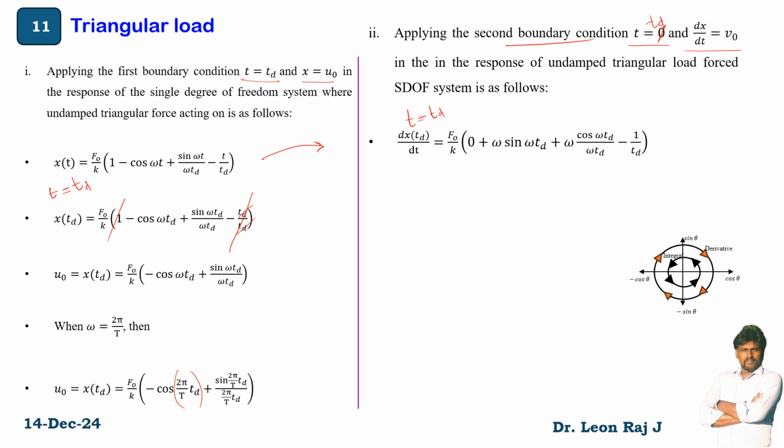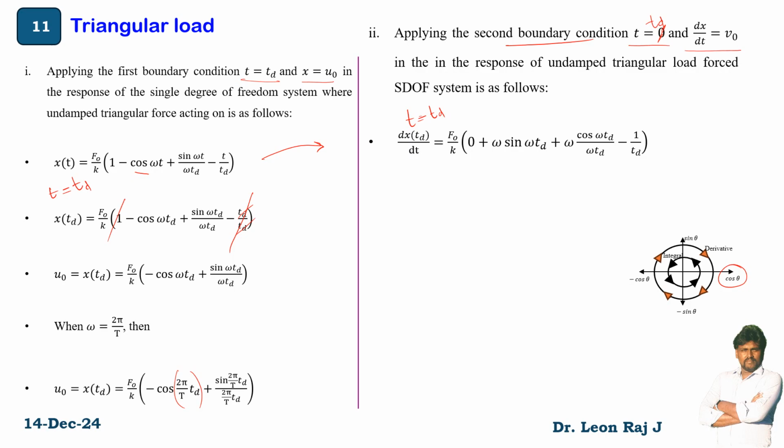So substitute td: f0 by k times 0 minus omega cos. When you differentiate cos, you will get a minus sign, and since minus cos is already there, that is why plus omega sin omega td.